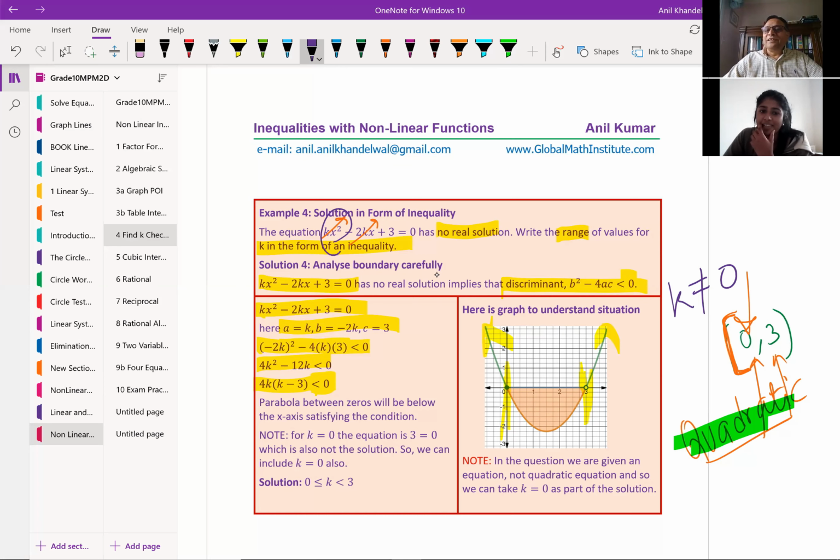Got the idea? Read the question. An equation or the quadratic equation makes a huge difference. If I write a quadratic equation, the leading coefficient is never equal to 0. Make a note, right?